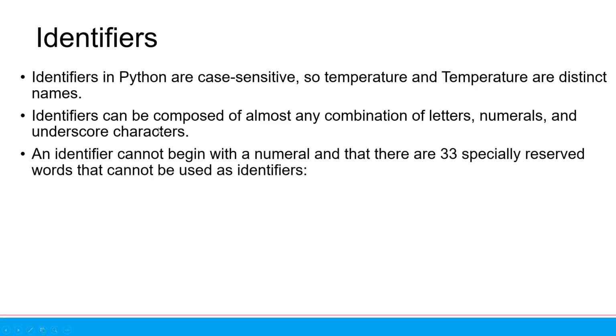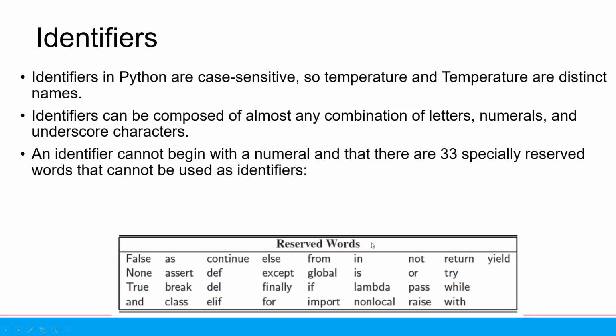An identifier cannot begin with a numeral. So the variable name cannot begin with numbers. And there are 33 special reserved words that cannot be used as identifiers. So you cannot use these as your variable name.